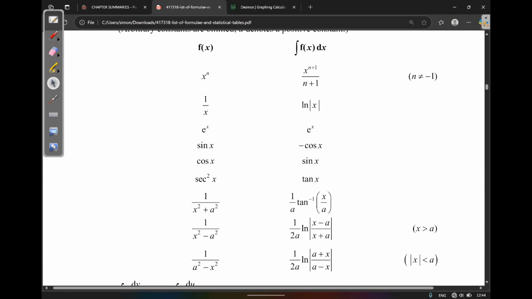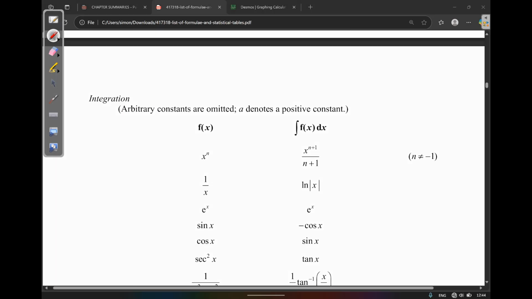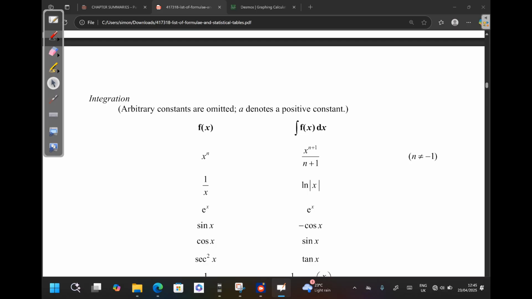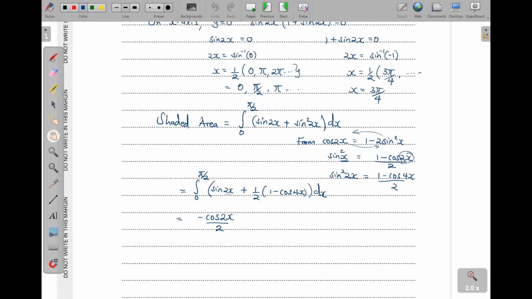When you integrate sine, you get a negative cosine. But that is when the coefficient of the x is 1. So we use the chain rule, and then we divide. For integration, we divide, and for differentiation, we multiply, okay? Now, coming back to this, so this is negative cos 2x over 2.